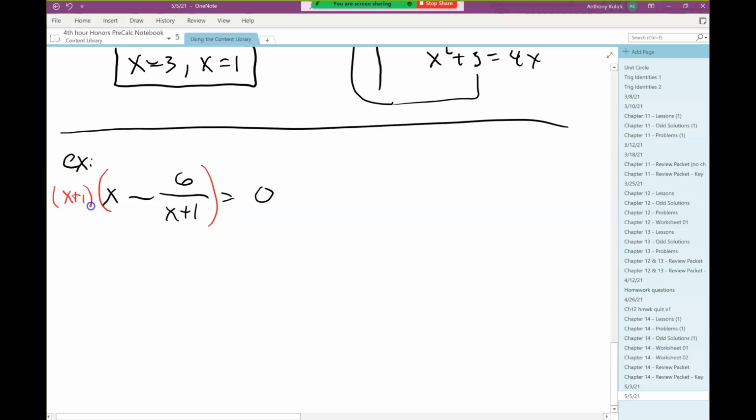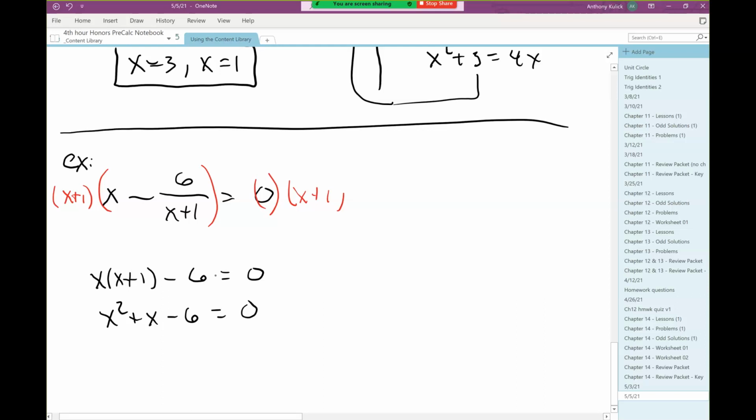I'm not going to do both of them, since I showed you last time what that looks like. So when I multiply through by x plus 1, I get this. Everybody good there? Okay. So I can just distribute through the x. And I'm left with this.